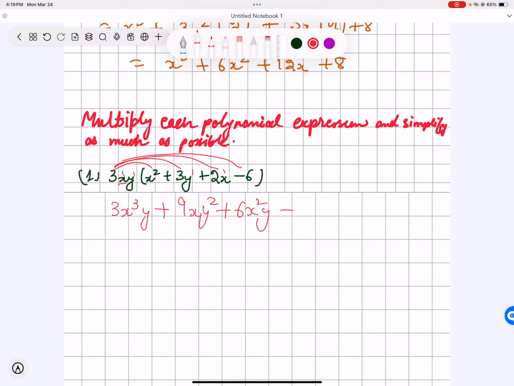Minus 3 times 6 is 18, and xy as it is. This is our answer. These terms do not have any like terms, so we cannot add or subtract any more of them.